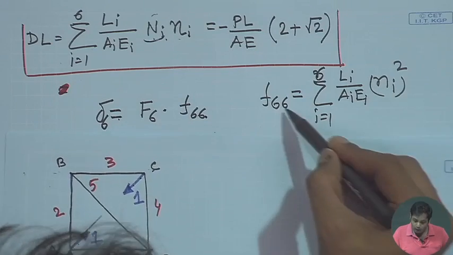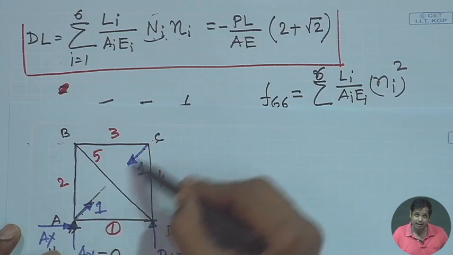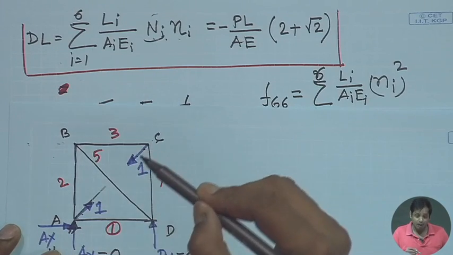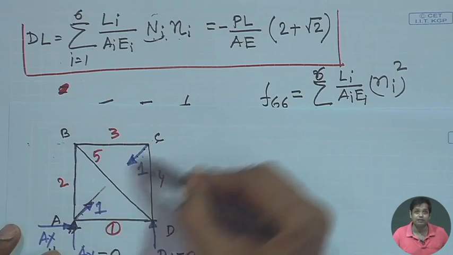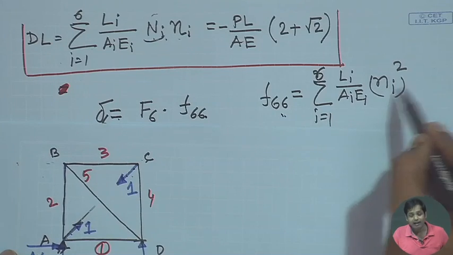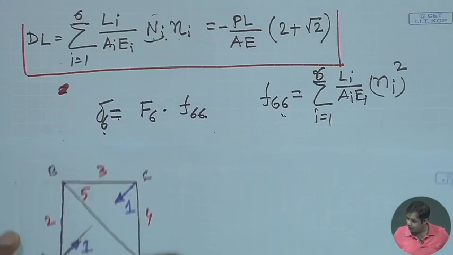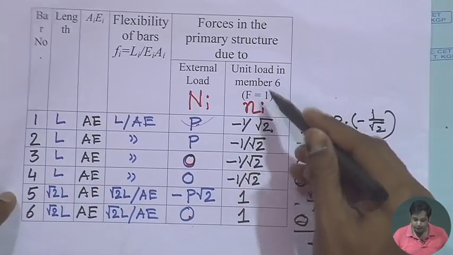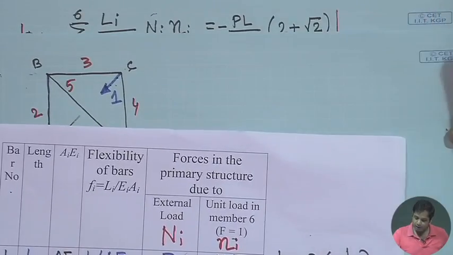Now, f66 is the same deformation in member AC due to the unit load acting in the direction of this member. That is why it is Ni into Ni, which is Ni square. That was the unit load method. Now we have already determined the Ni's, so we have to substitute them into this expression.